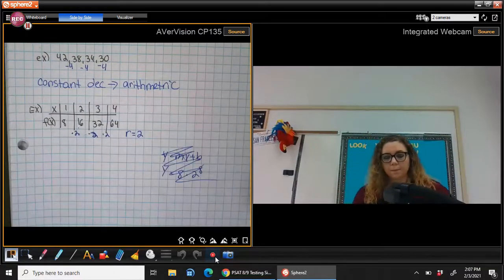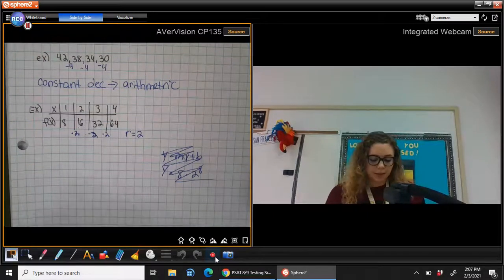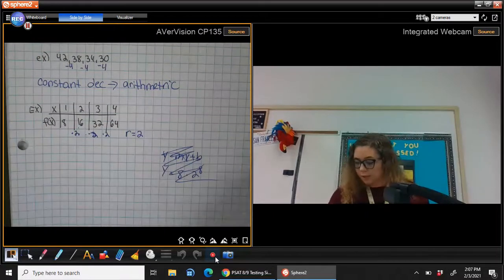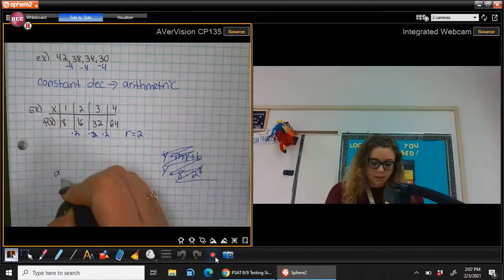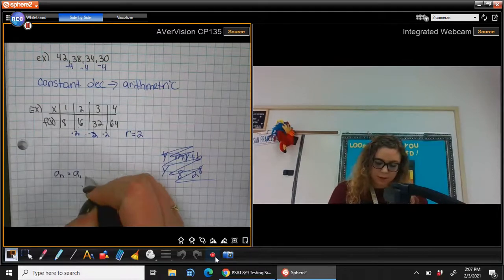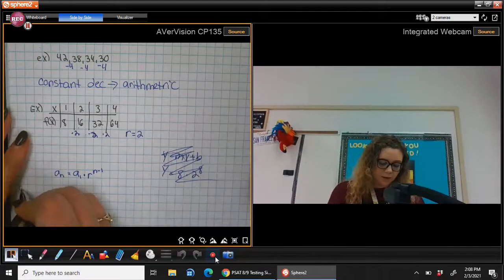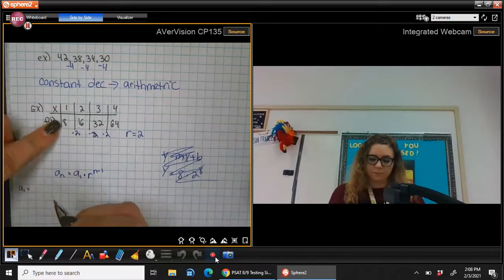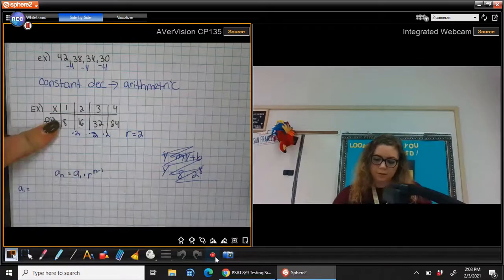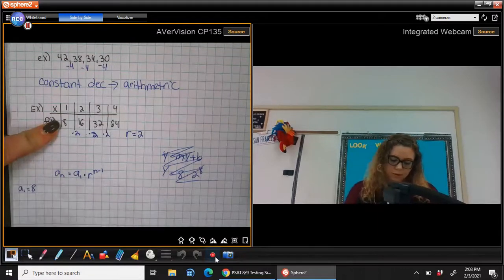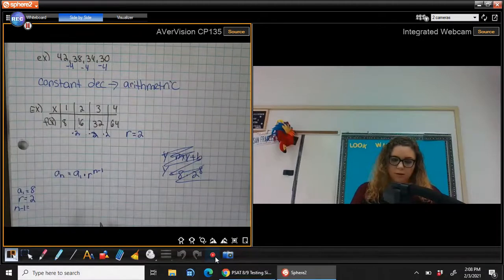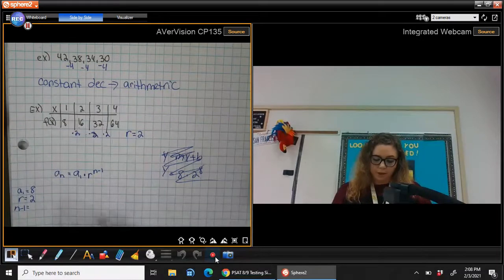And I'm going to use the simplistic formula, which is a n equals a1 times r to the n minus 1. So a1, my first term in the sequence, is going to be 8. My common ratio is going to be 2. My n minus 1 is going to be n minus 1.